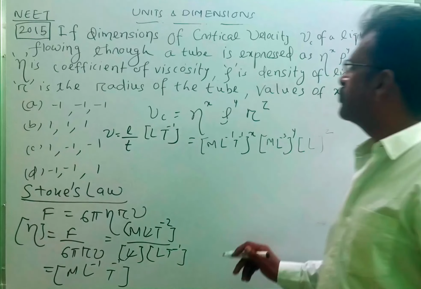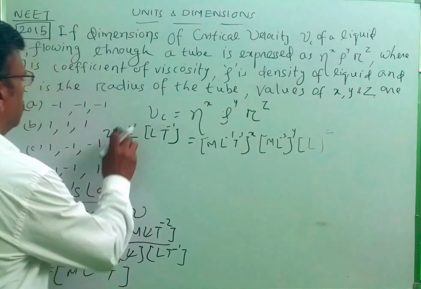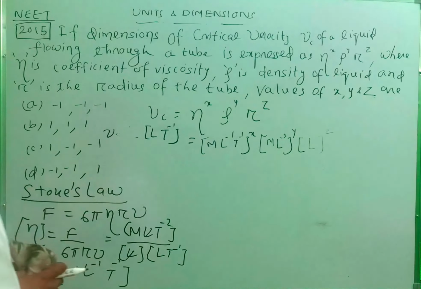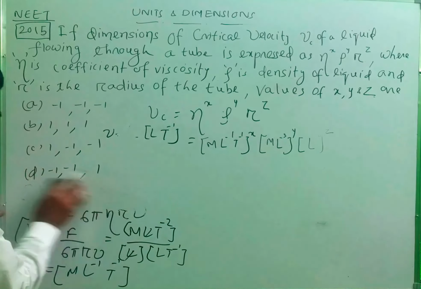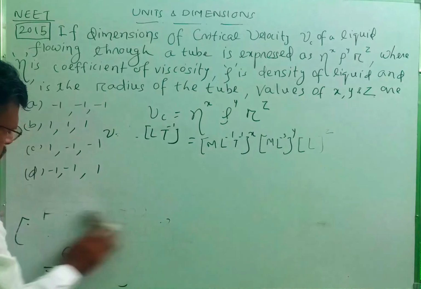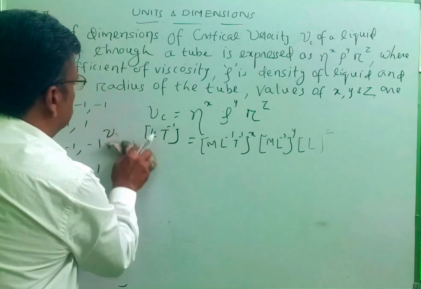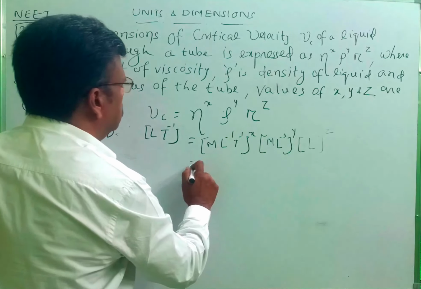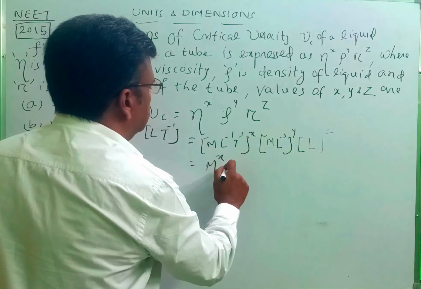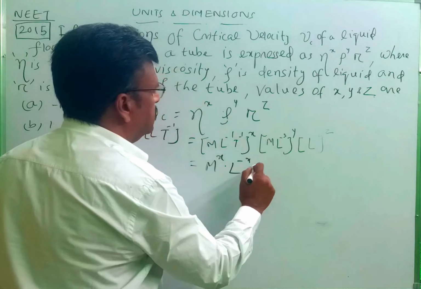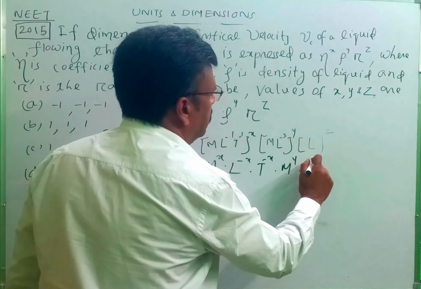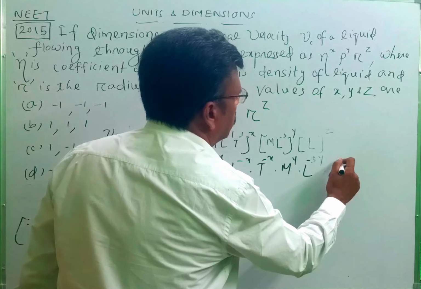Okay, student? So this will become an expansion: M to the power x, L to the power minus x, T to the power minus x, M to the power y, L to the power minus 3y, and L to the power z.